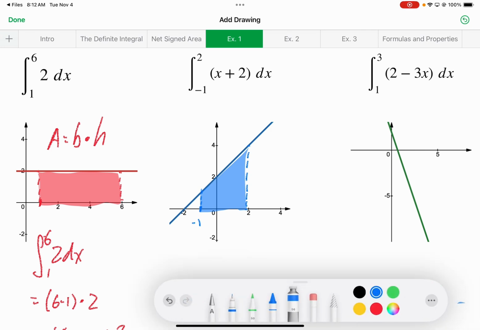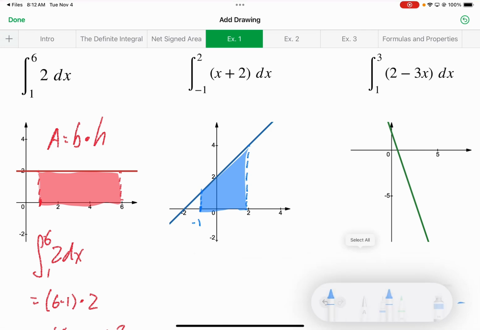What shape is that? Yeah. Anybody remember our formula for a trapezoid? Yep. Sum of the bases times height divided by 2. I always write it as 1/2 base 1 plus base 2 times my height.